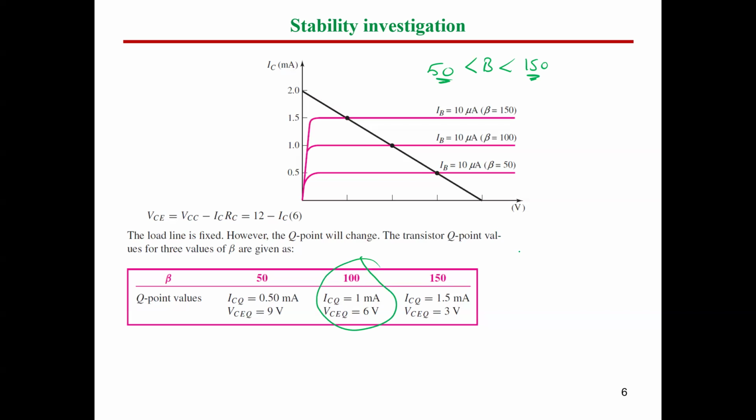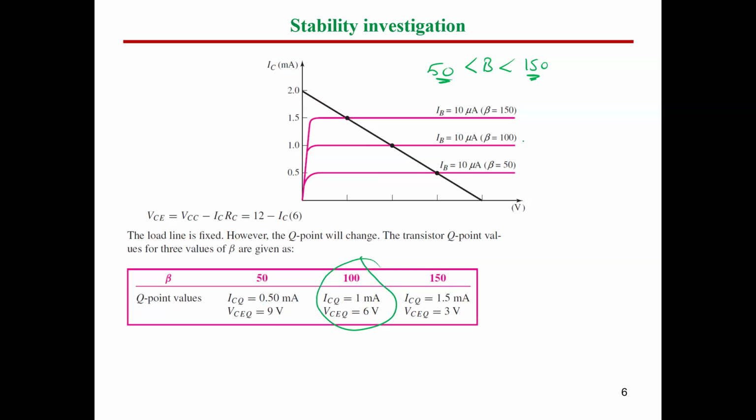Let's see what will happen if we change beta to 50. Then IC is beta times I base, which is 0.5 milliampere. Substituting in our circuit, 12 minus 0.5 times 6, the result is 9. So VCEQ will be 9 volts.